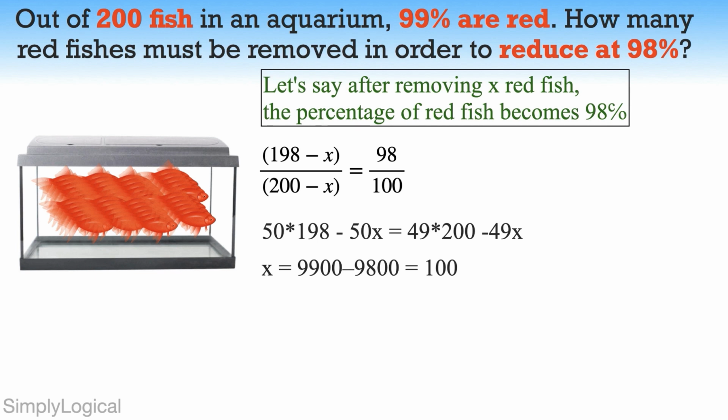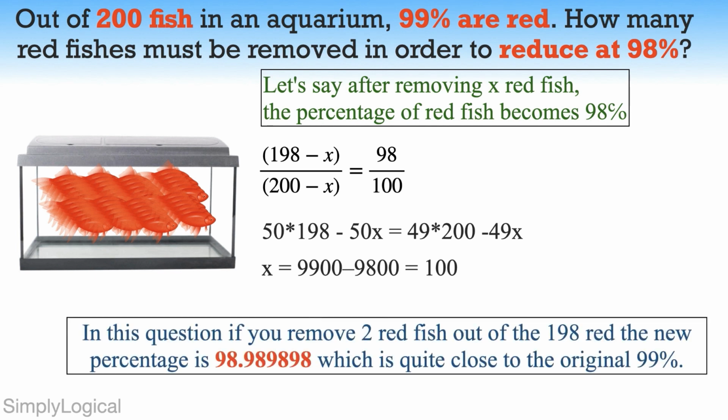In this question, if you remove 2 red fish out of the 198 red, the new percentage is 98.989898, which is quite close to the original 99%. In fact, when a small amount delta is subtracted from both numerator and denominator, the change in the value of the fraction is a small number, and the increase in delta is proportional to the decrease in the value of the fraction.